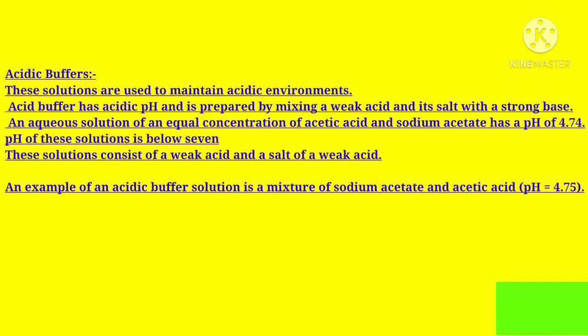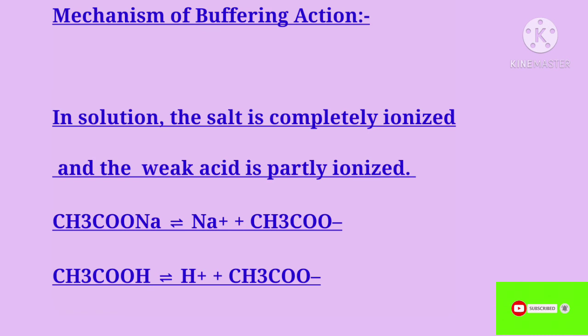These solutions consist of a weak acid and a salt of the weak acid. For example, an acidic buffer solution may be a mixture of sodium acetate and acetic acid, with a pH of 4.75.